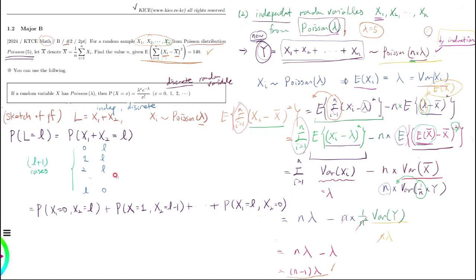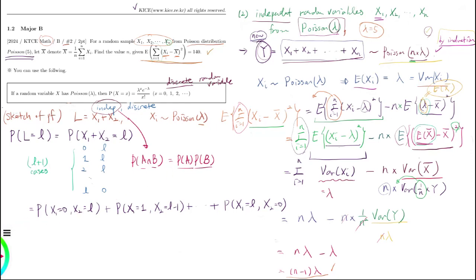Okay, and since they are independent, with the independent case, the probability of two events A and B happening simultaneously is the same as the multiplication of the probability of event A happening and the probability of event B happening here.